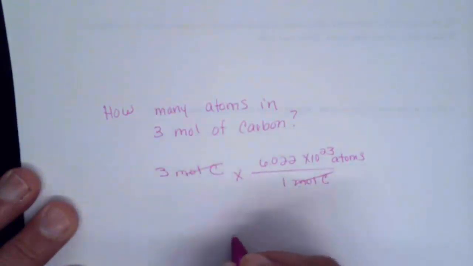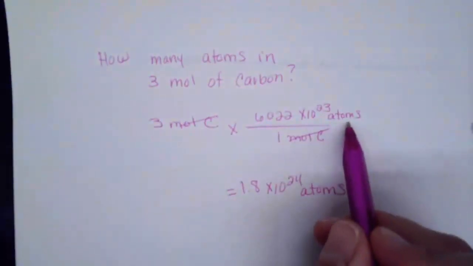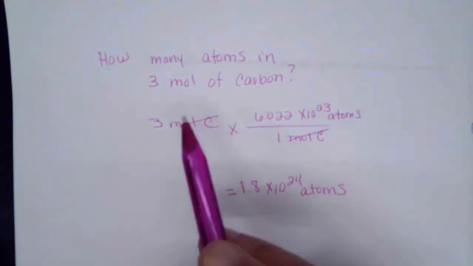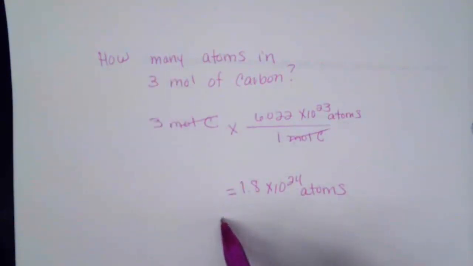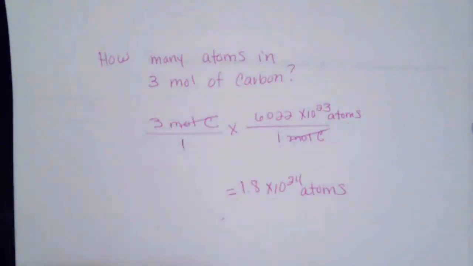Those cancel each other out, and you're going to end up with 1.8 times 10 to the 24th atoms. Atoms is the unit that's left over, so you know. You're just multiplying. Sometimes it's easier to just put that 1 on there, but you can see how that works.